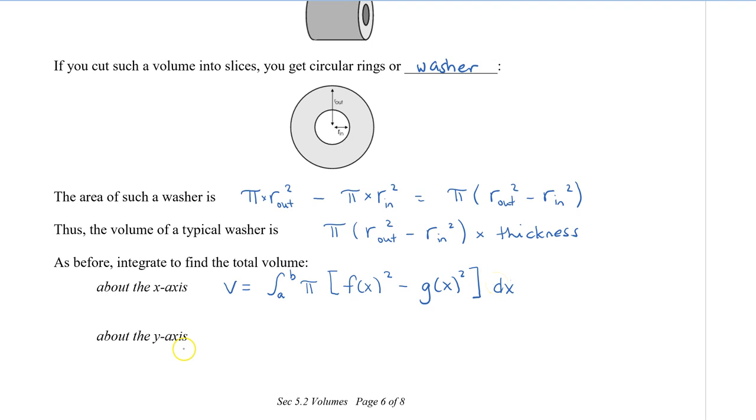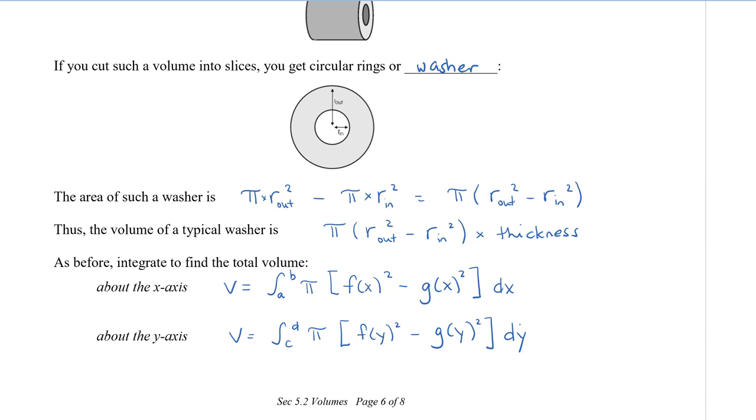If we revolve about the y-axis, then our volume is going to be the integral from c to d of pi times f of y squared minus g of y squared, and then dy, since we're rotating about the y-axis this time.